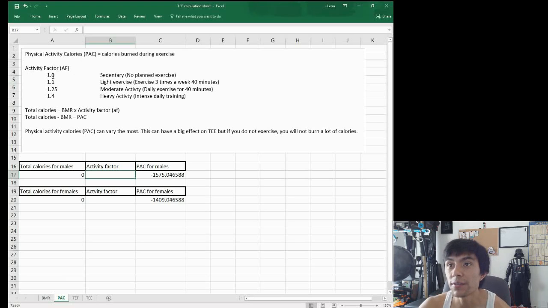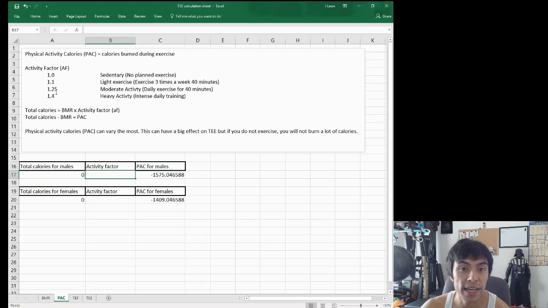So we have activity factors. If you're sedentary, you're going to be multiplying your BMR times 1. If you have light exercise, which is defined here as 3 times a week for 40 minutes, you're doing 1.1.